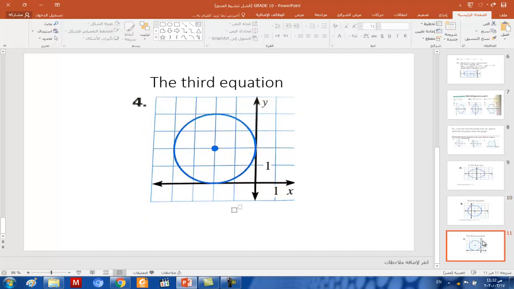The last one, we have the center negative 2 and 2, we said it already, because here is negative 1, here is negative 2, and here is 1, and here is 2.